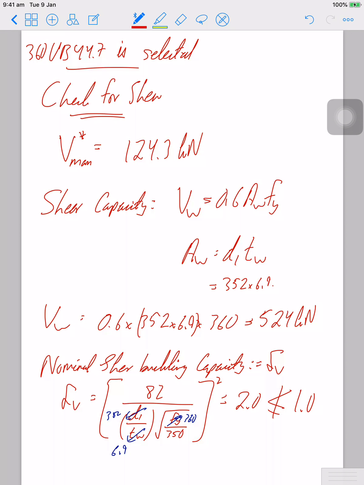Therefore, your shear yield capacity is more critical, which means that V_v equals V_u equals V_w.